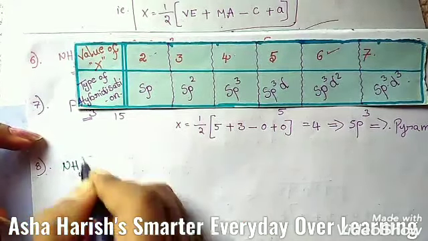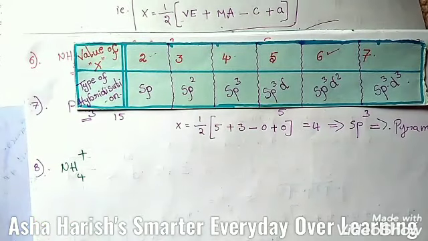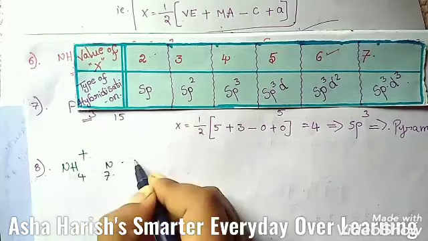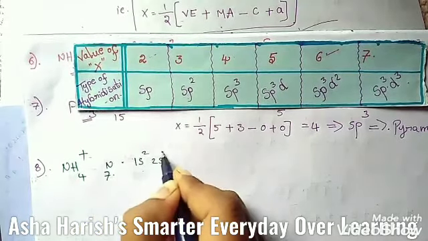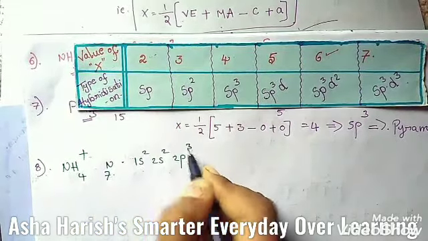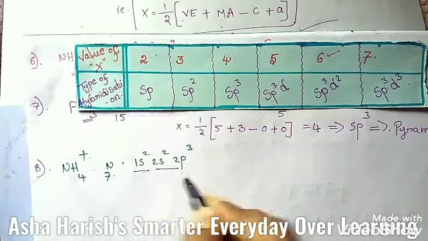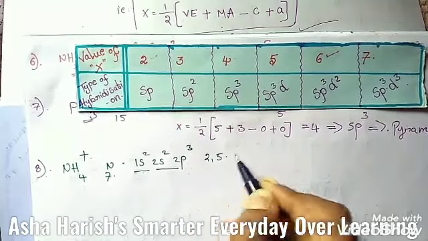Ammonium ion, NH4 plus ion. Here the central atom is nitrogen, nitrogen 7. Its electronic configuration is 1s2, 2s2, 2p3, that is 2 and 5.